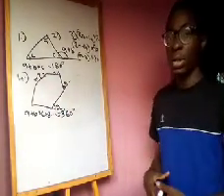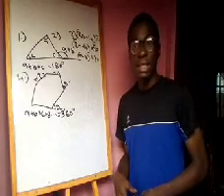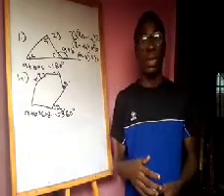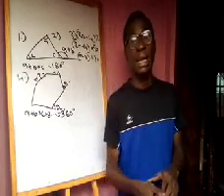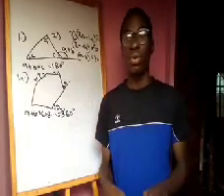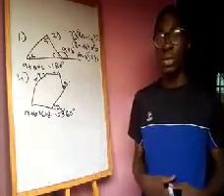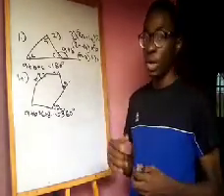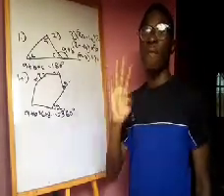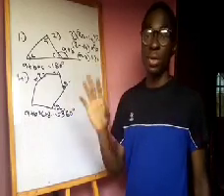Now let's talk about congruency. Congruency is the condition whereby a triangle is equal in area to another triangle. When two triangles are congruent, it also means that they are similar. So they have to be similar first before they will be congruent. Now there are 4 conditions for a triangle to be congruent to another triangle.